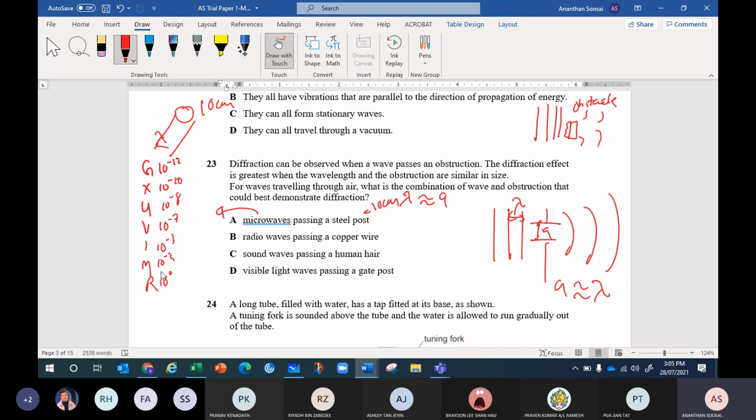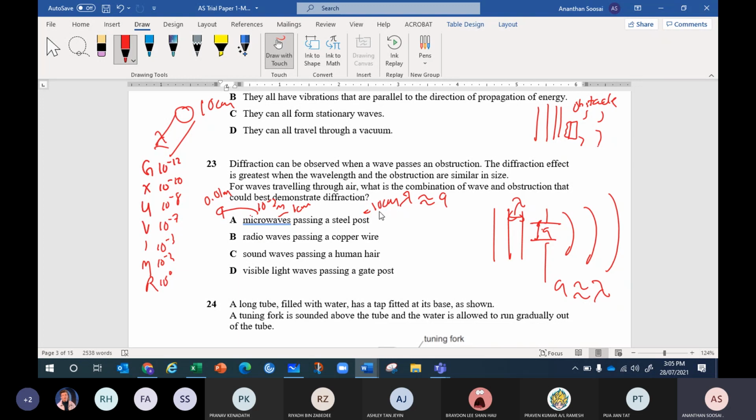So microwave is negative 2 meter. Negative 2 meter is how much? It's 0.01 meter, like 1 centimeter. Microwave wavelength is 1 centimeter.